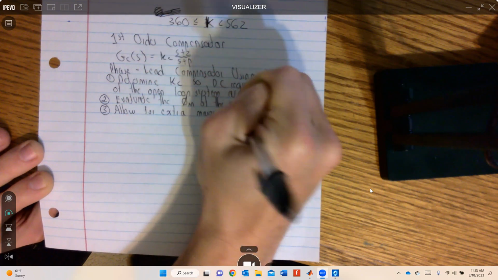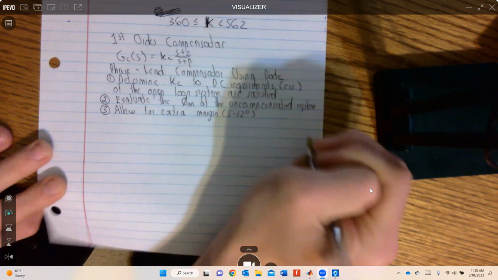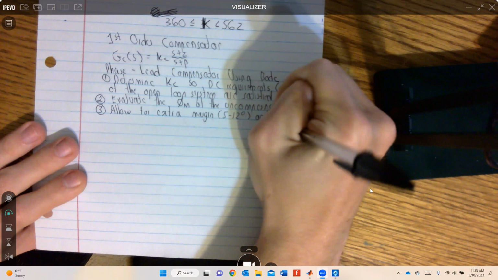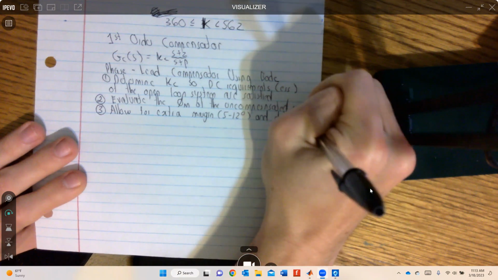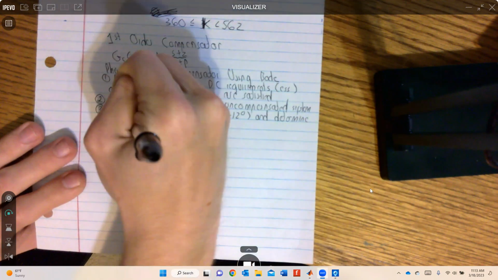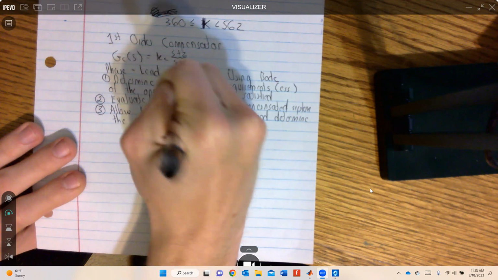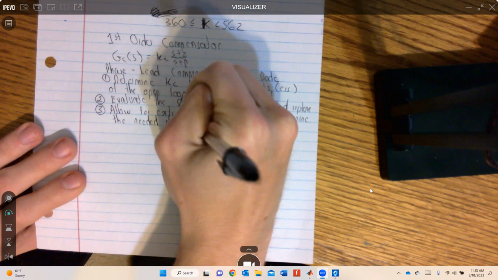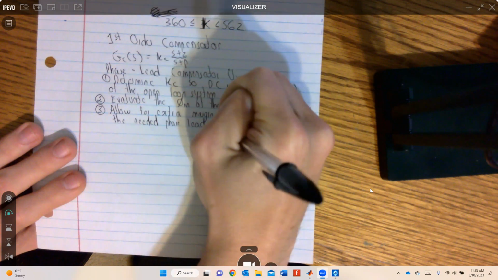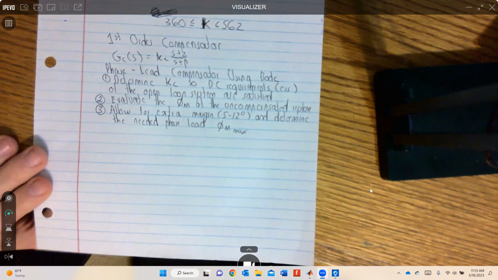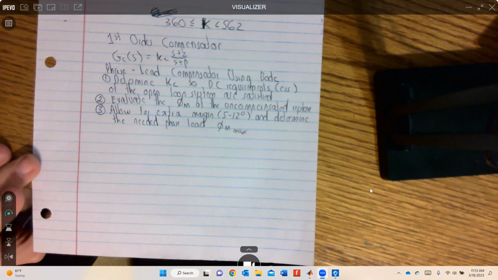I usually stay on the safe side and add more phase, so I add 12. Then determine the needed phase lead, which is the phase margin max, the max amount you need to add to the system.